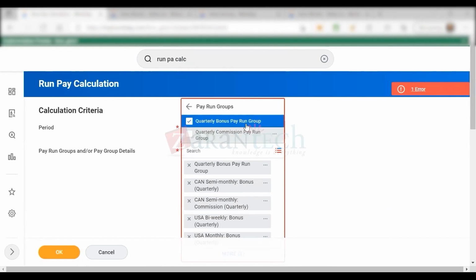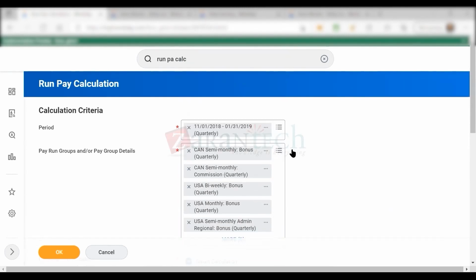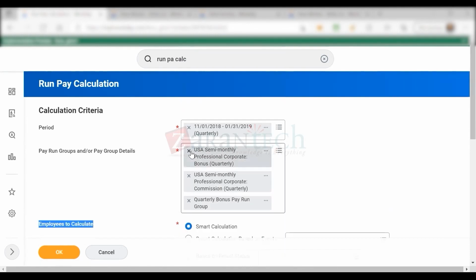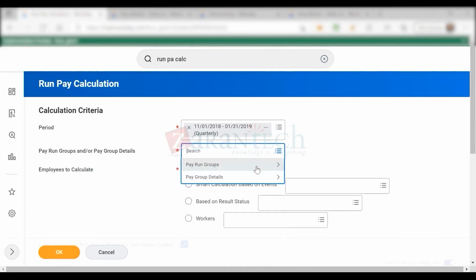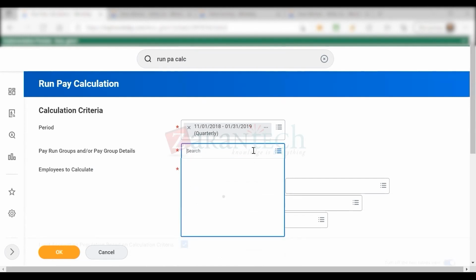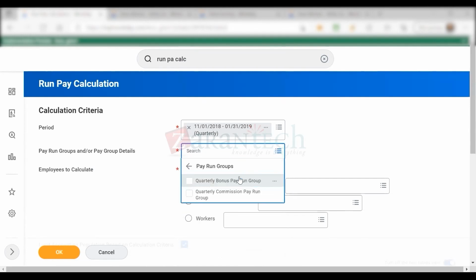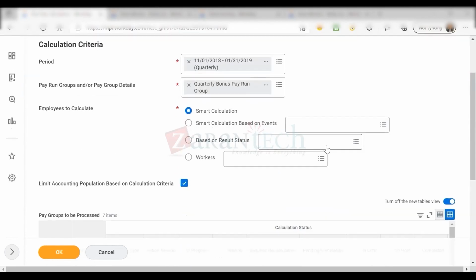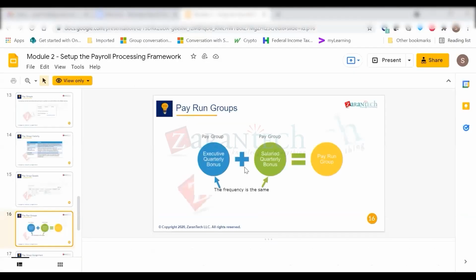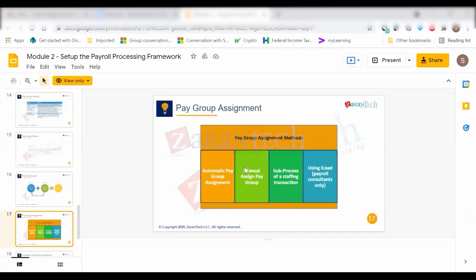And if I want to run for all of them, instead of running them, I just use one checkbox and kickstart the process, and I'm done. So this is advantage of using pay run group. Yep, that's it, and let it go. That is pay run group.